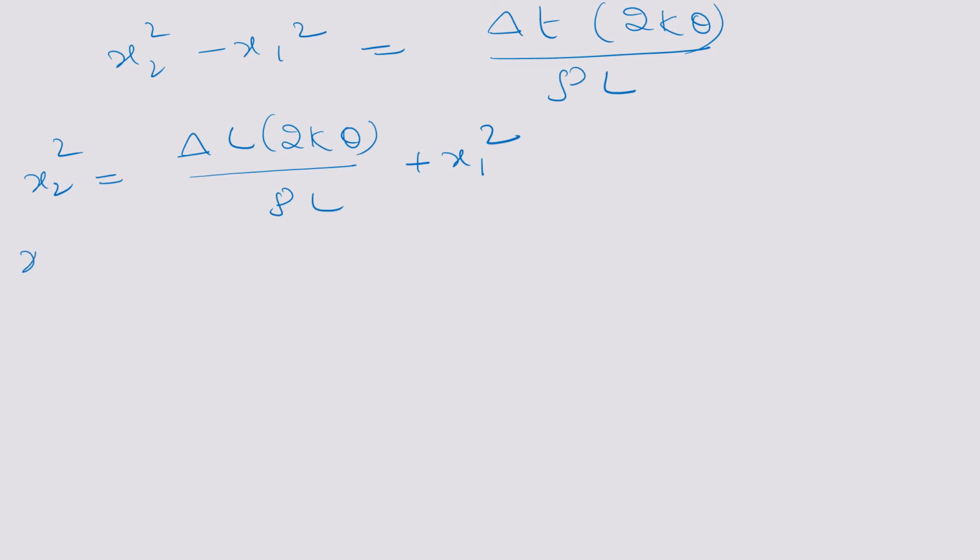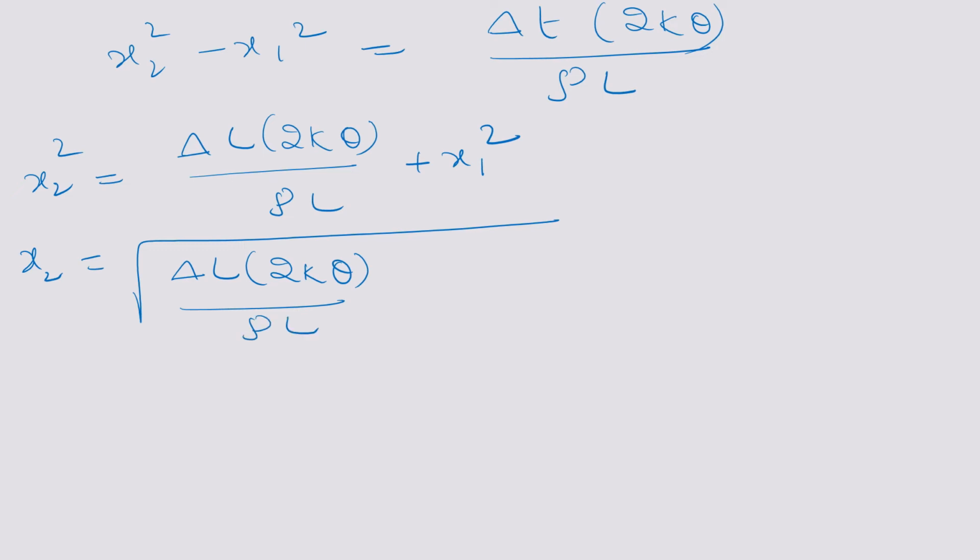So x2 is equal to under root of delta T 2k theta by rho L plus x1 square.